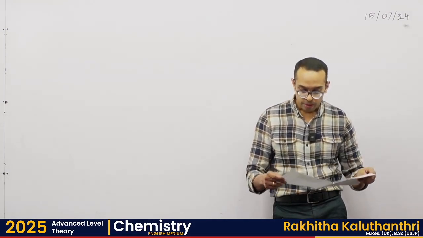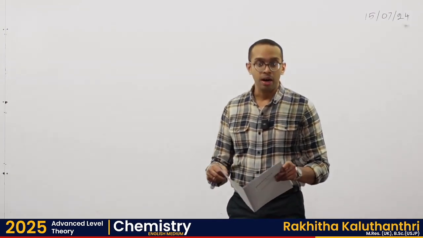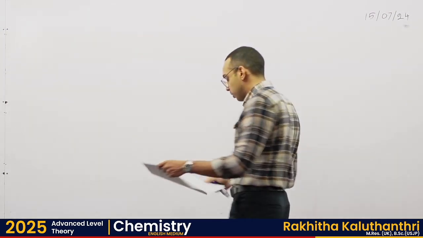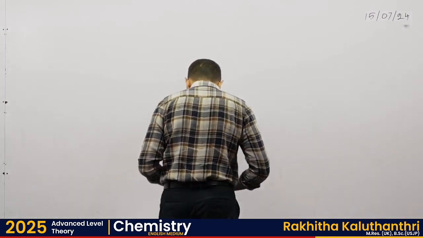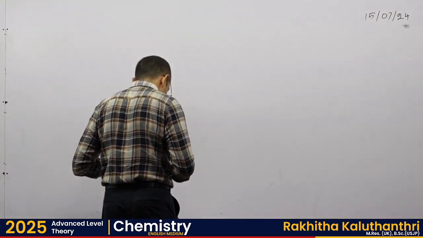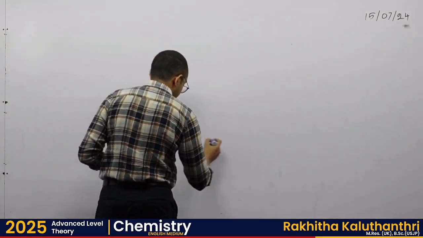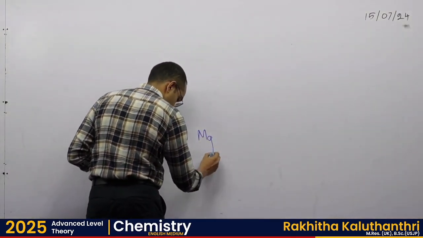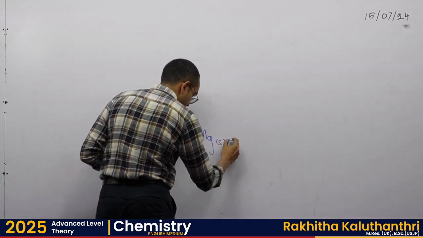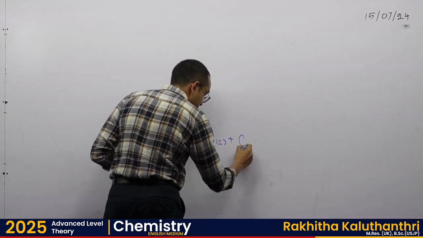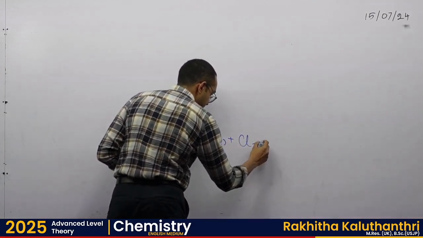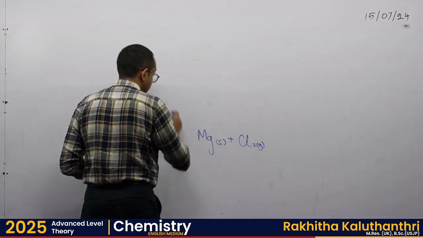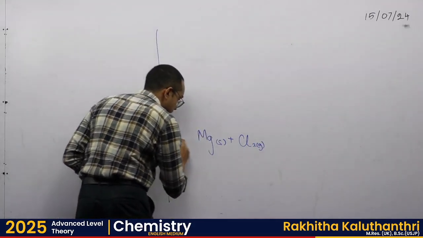So now they have actually completed halfway. You have to complete the rest. When it comes to this magnesium chloride question, we have Mg solid as well as chlorine gas. That is the starting point on the Born-Haber cycle. We are starting here.